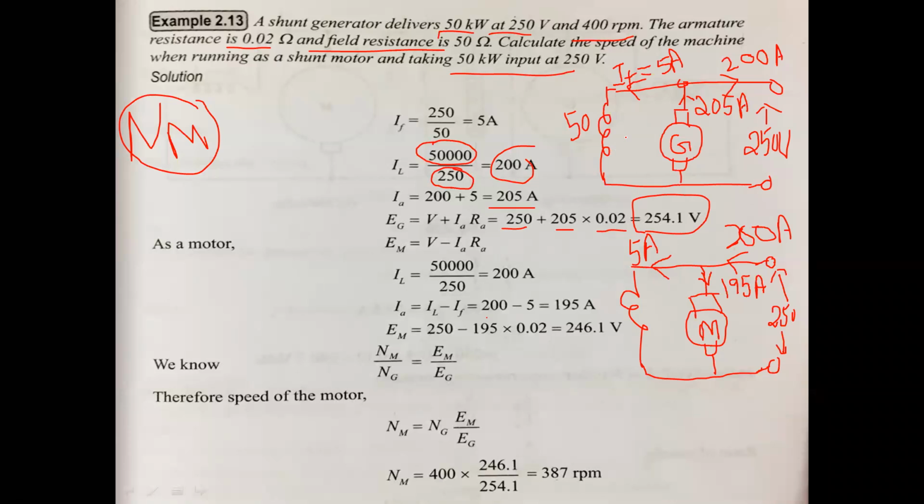So from this 200 amperes, the shunt field takes 5 amperes. The remaining current, 195 amperes, is taken by the armature. So the armature current is equal to 195 in case of the motor. So V minus I_a R_a is 246 volts.